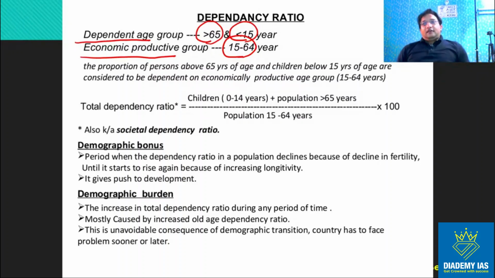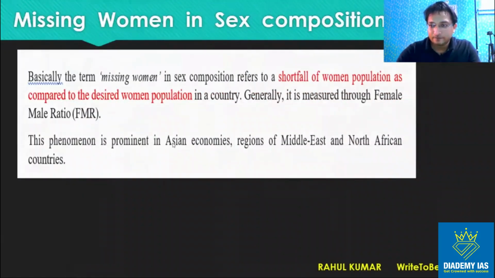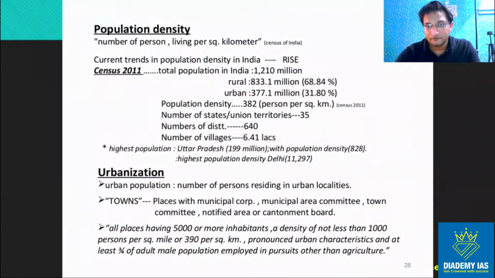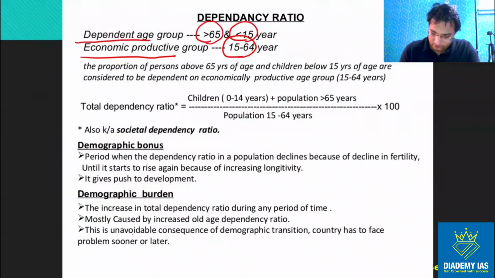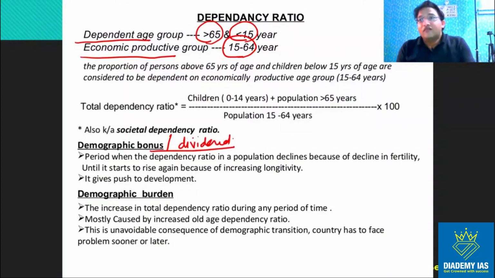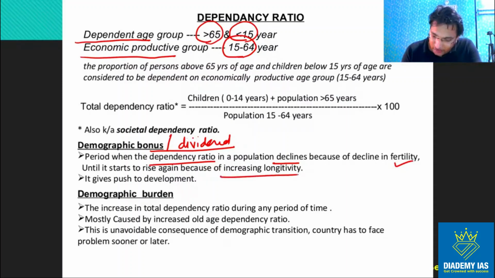Okay. Now, demographic bonus. So what is demographic bonus, or we also call this demographic dividend, right? So when dependency ratio is declining because of decline in fertility, until it starts to rise again because of increasing longevity, right?